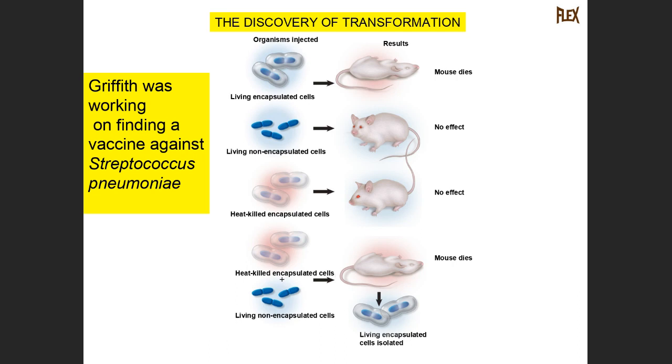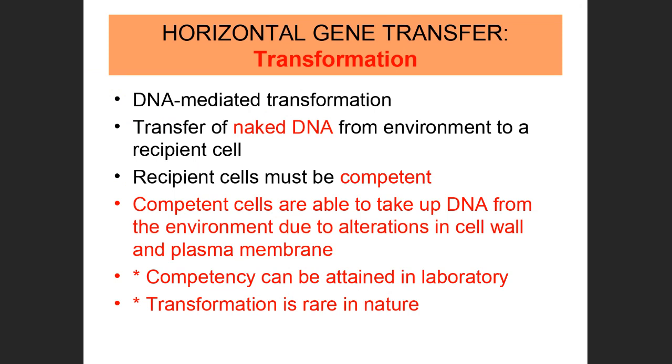So the story behind transformation is actually quite fascinating, and it is fortuitous that it was discovered. Yes, competency means that the cells have a weakened cell wall, that the cell wall has become weak, it has been altered, and now it has pores large enough for a DNA molecule to go in.